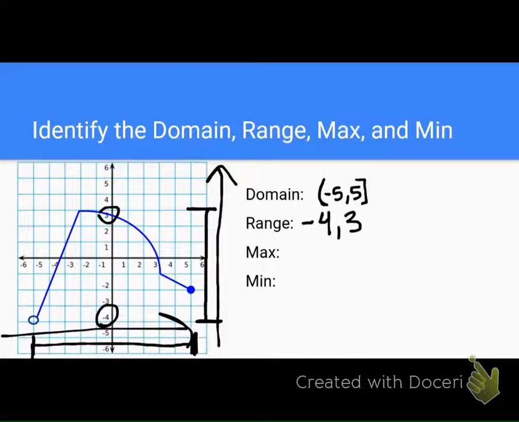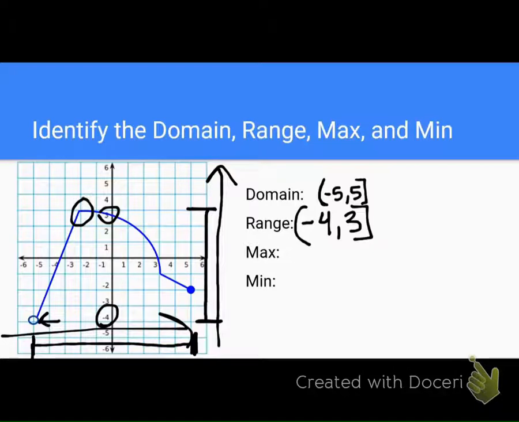At negative 4, I'm where this open circle happens, so I can't include that point. I'm going to use an open parenthesis. And then at positive 3, it's just a point on the function, so I can include that point, and I'll use a close parenthesis or a bracket on the right side.